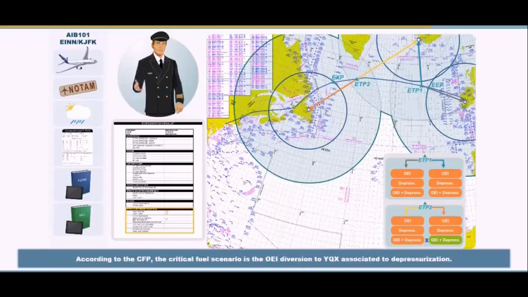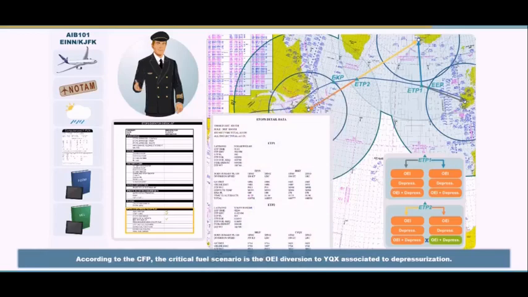According to the CFP, the critical fuel scenario is the one engine inoperative diversion to Gander associated to depressurization. This is the scenario where the required fuel is the most important.